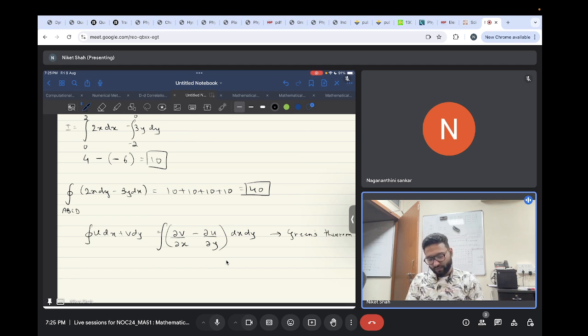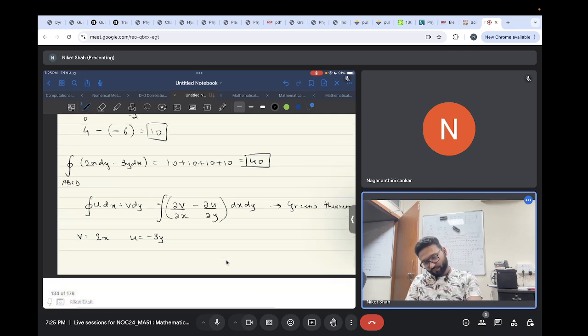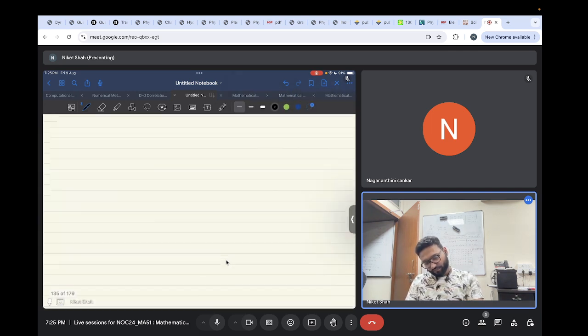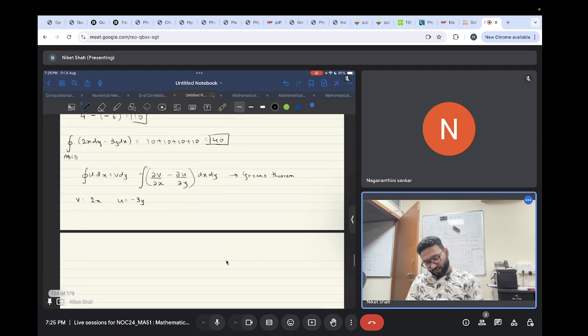So now using this theorem also we'll try to solve this. What is v here? V is equal to 2x, u is equal to minus 3y. That's our u and v, right? So therefore del v by del x is equal to 2.